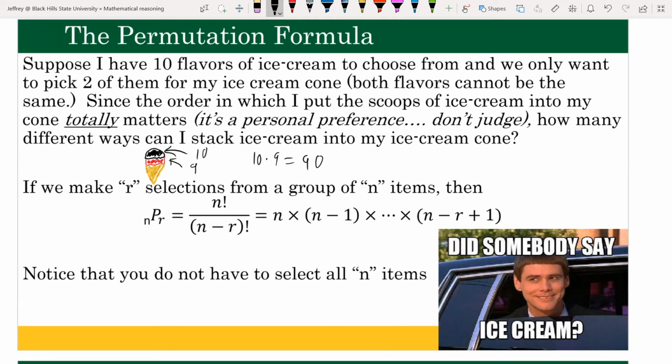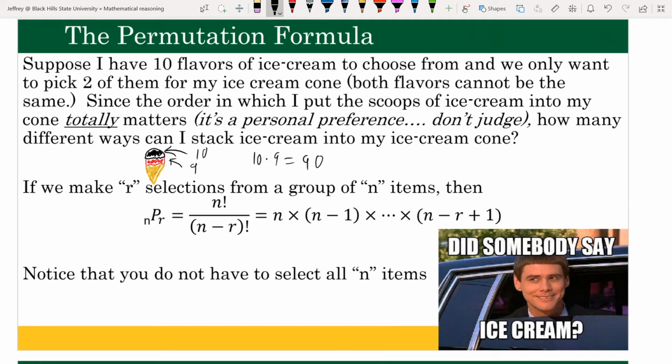Now, this may be pretty simple since we only selected 2 different items, but once we start selecting, say, 10 different items to be arranged out of 100, this method may not be as practical. So that's where this formula comes into play. It takes all this work and puts it into a really nice formula.